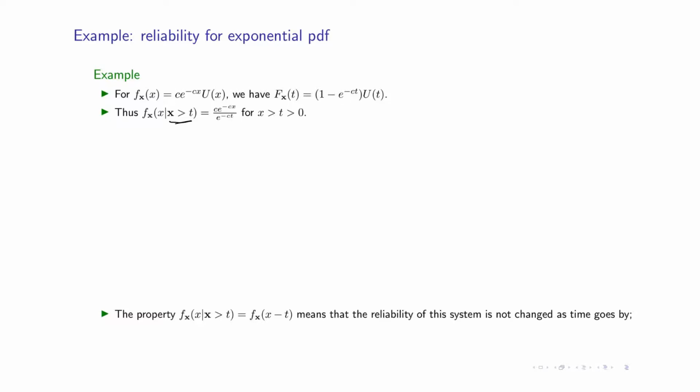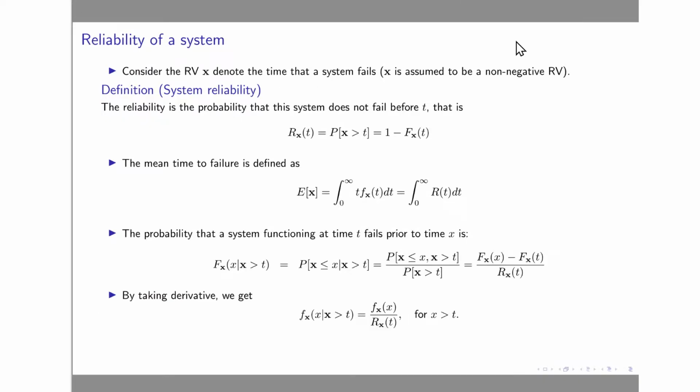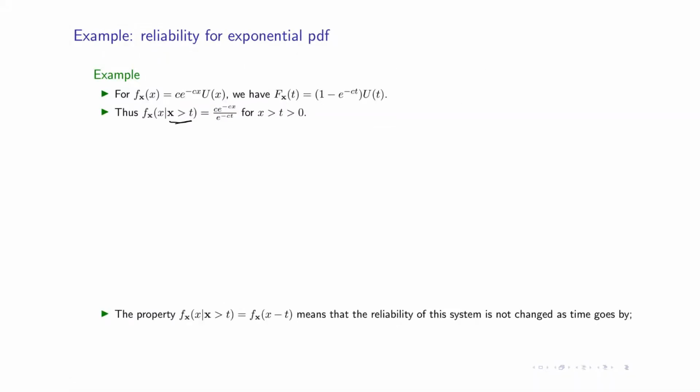So for this distribution, if you calculate the PDF of x given this event, from the previous slide, in this slide we had, you have to define the PDF of x divided by the reliability at t. If I use this expression, I should have f(x) of x, which is c e to the power minus c x u of x, and then divided by the reliability, which is 1 minus this function.